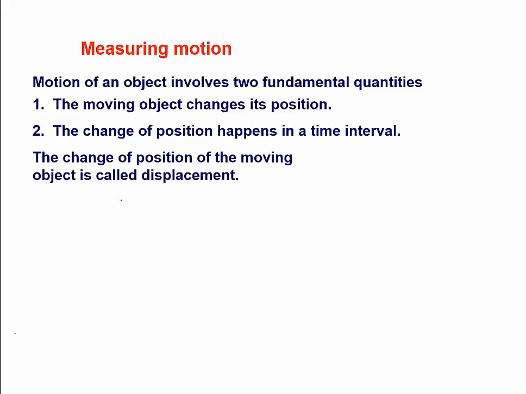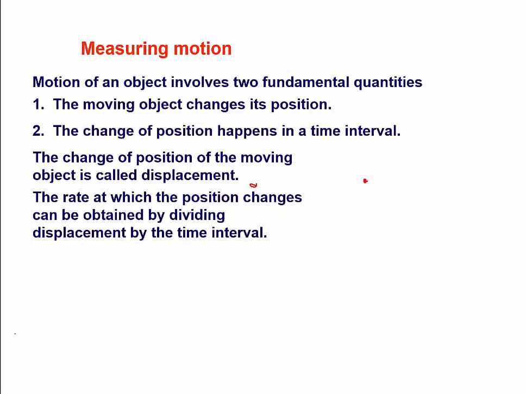Now, the change in position of the moving object is called displacement. The moving object got displaced from one position to another. So the displacement is the final position minus the initial position. Now, the rate at which the position changes can be obtained by dividing the displacement by the time interval.